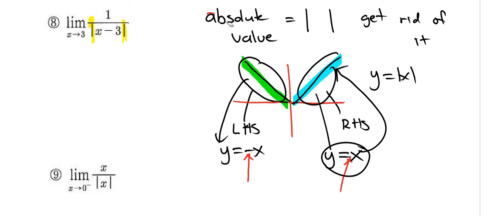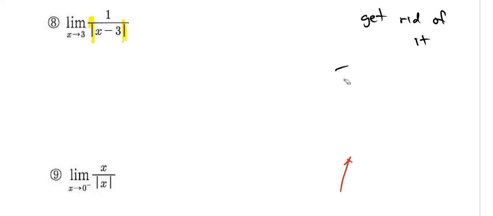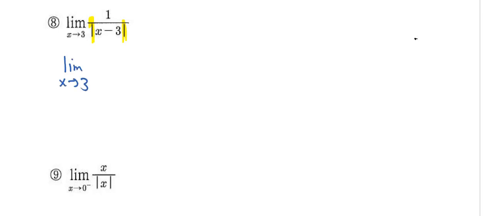Okay, all right, let me erase this and let's apply that theory to solving these kinds of problems, because the number one thing for a limit problem that has an absolute value sign is that you need to get rid of the absolute value signs. So if I do the limit as x approaches 3 from the left side, this function now becomes 1 over negative (x minus 3).